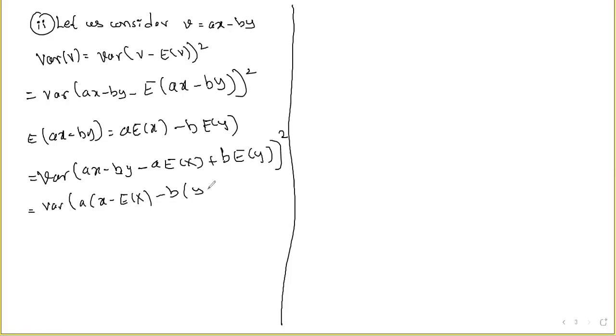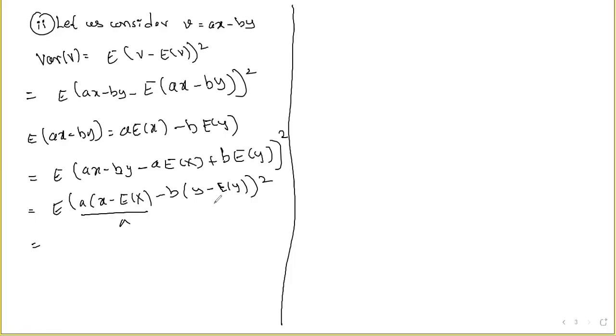What are the remaining things? y minus expected value of y whole square, right? Somewhere we missed, wait. It is not variance, it is expected value.